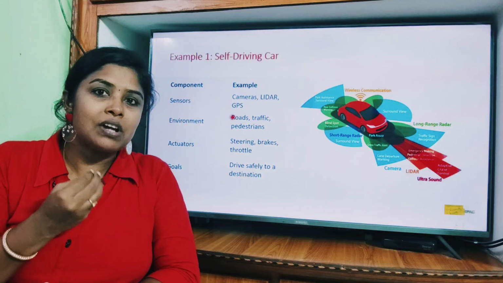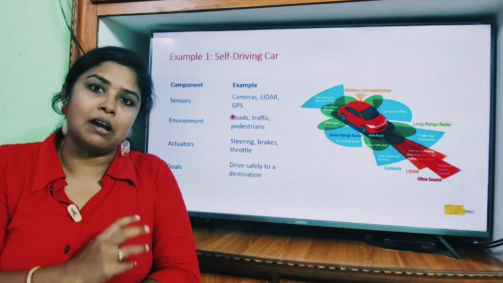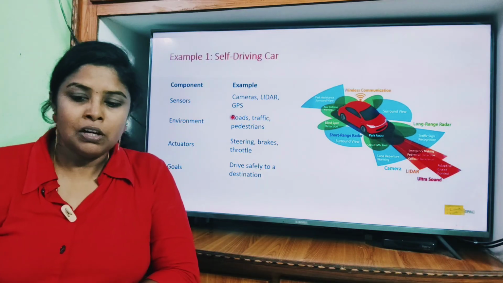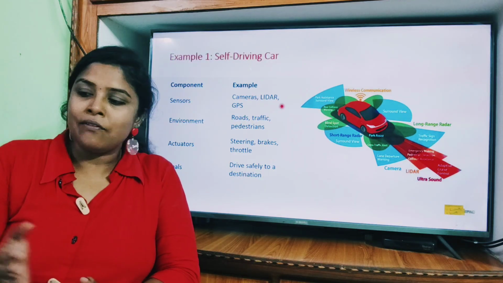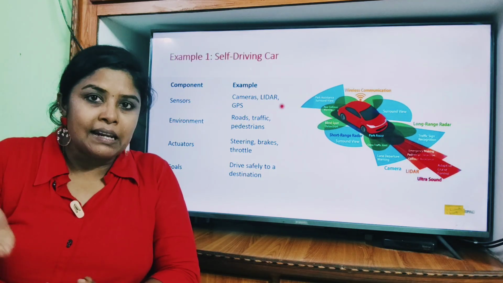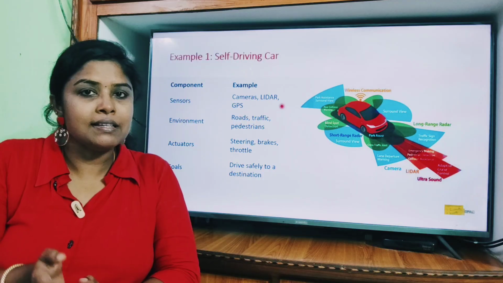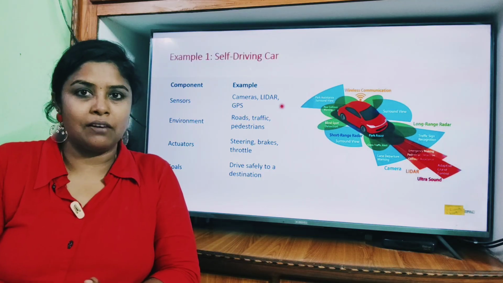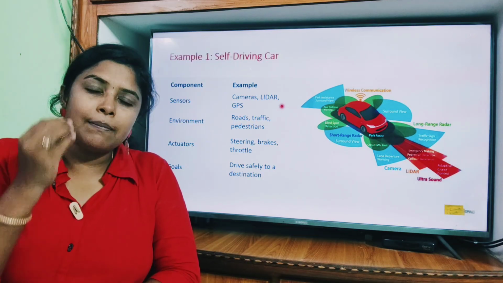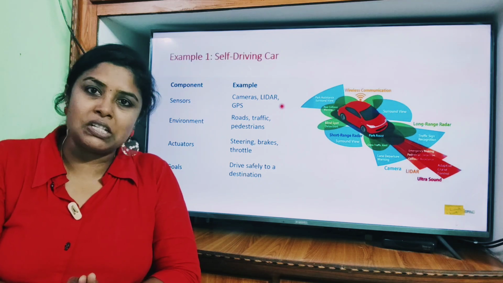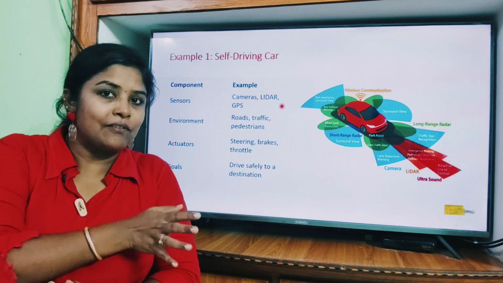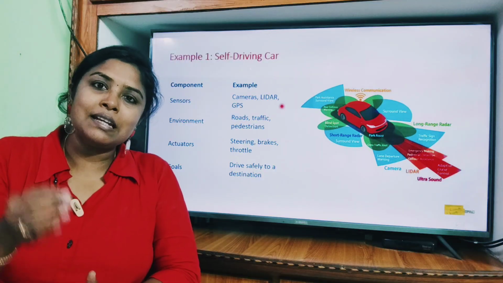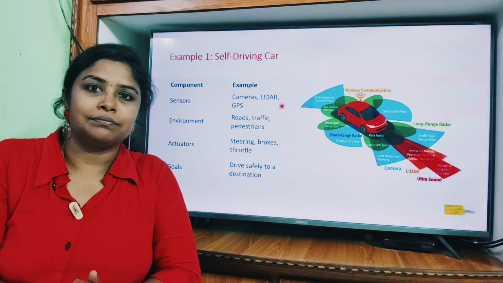How can the self-driving car observe its surroundings? It can observe through cameras, GPS and LiDAR. Whatever vehicles are near the self-driving car, it is able to estimate the distance between the vehicles, and it is able to see the route through the GPS, and also the cameras will give it a rear view and a front view so that it will be able to drive better.